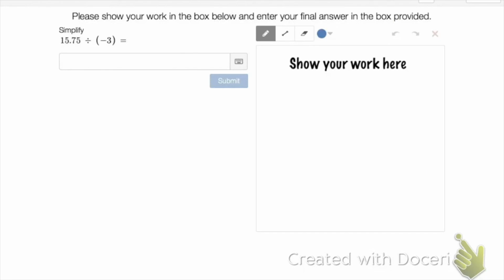The last problem I want you to look at is 15.75 divided by negative 3. Positive divided by negative, the answer will be a negative answer. Then you put 15.75 under the bar, and you put 3 outside. 3 goes into 15 about 5 times.